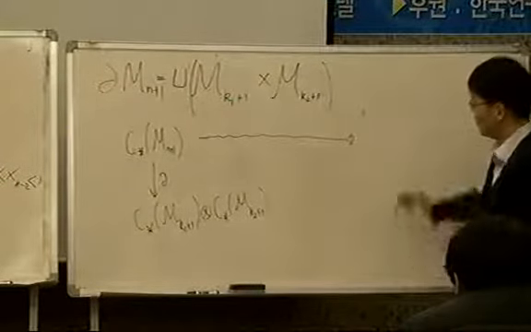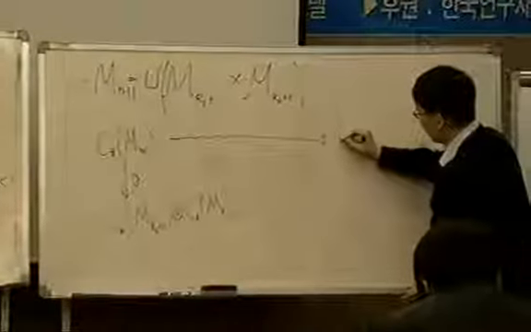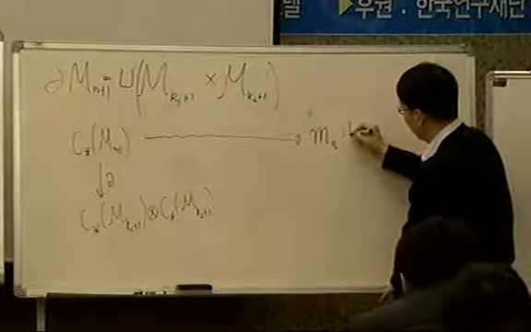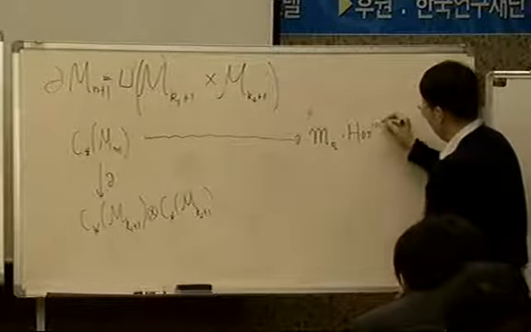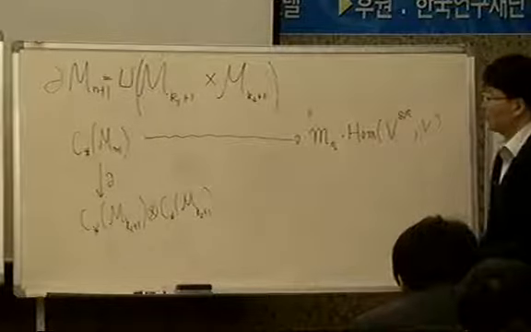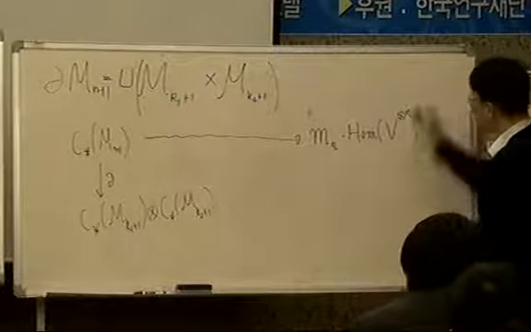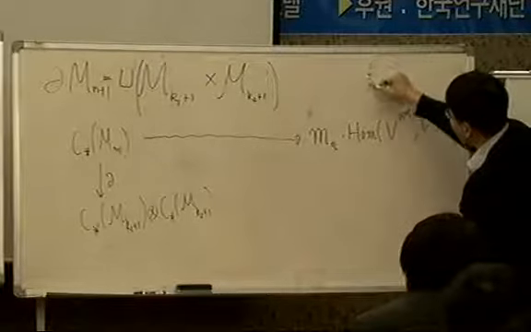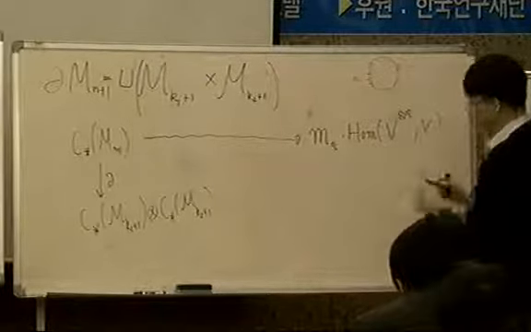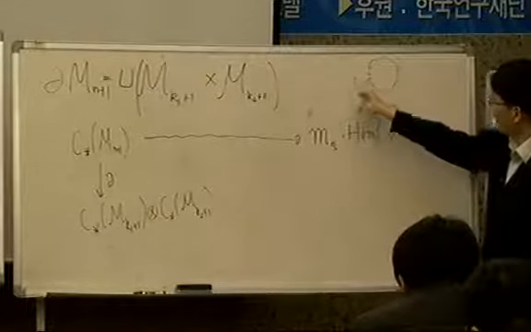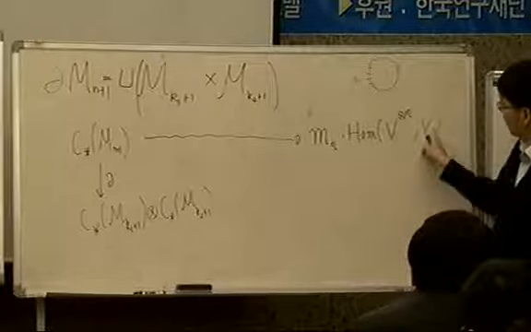What corresponds to this is what we are going to call m_n, which will be Hom from V tensor n to V. So we have n+1 points. Here are n points, and here is 1. So the sum is n+1. You think of n of them as inputs and 1 of them as output.